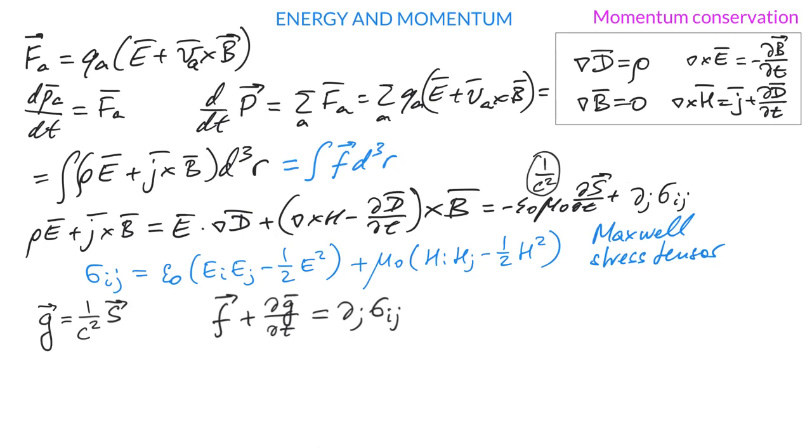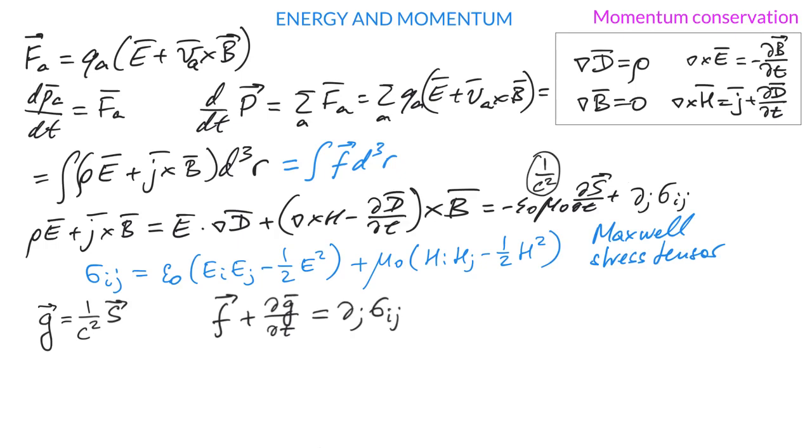And the right-hand side shows the momentum flow for the field. Sigma ij has two indices, and one of these indices represents the direction of flow, and the other the component of what is flowing, that is the momentum of the field. So the expression here has, again, the structure that is similar to the continuity equation. The divergence of the momentum current is balanced by the rate of change of the momentum density. This is the differential form of momentum conservation, and the integral form can be found by integrating over the whole space.